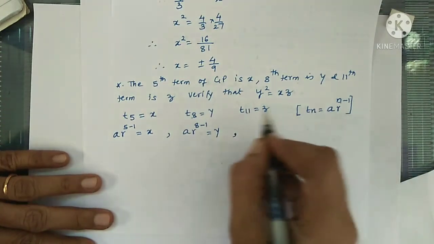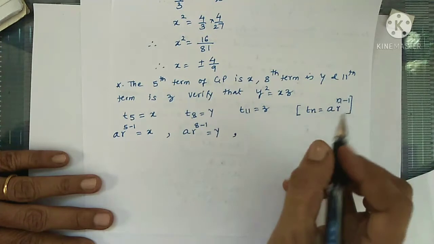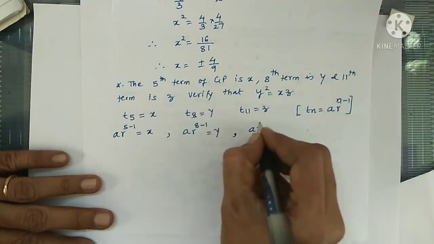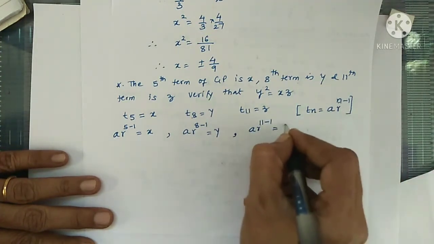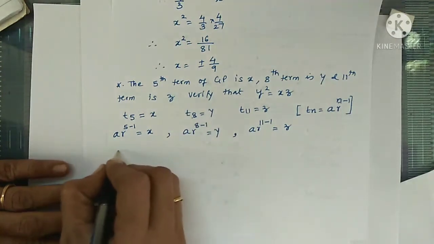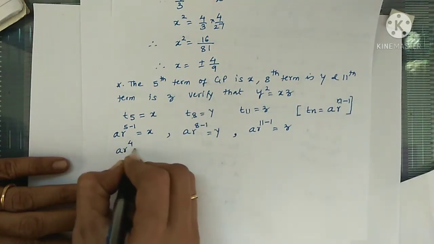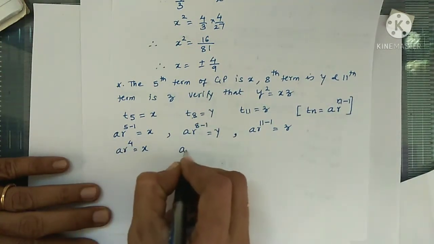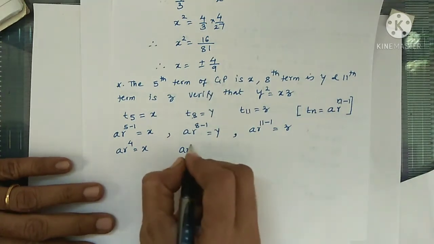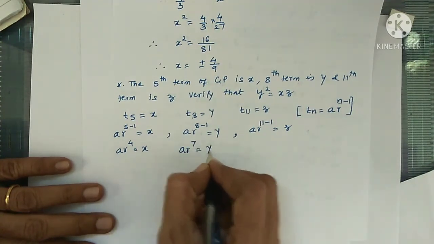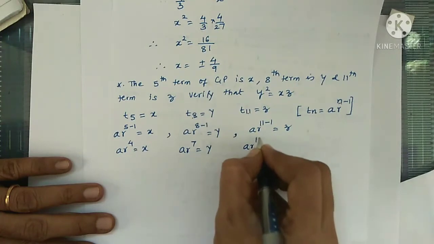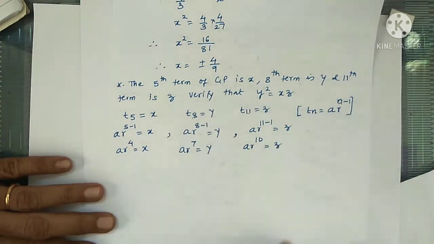T11, so now the value of n is 11. So put n equal to 11. So a r raised to 11 minus 1 is z. So simplifying this, a r raised to 4 is x, a r raised to 7 is y, a r raised to 10 equals z.